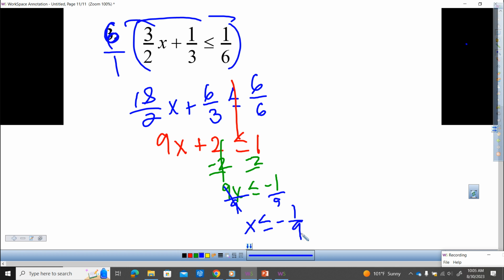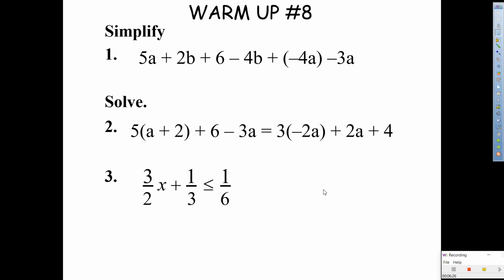Hands if you got that. Tell your neighbor why we didn't flip the inequality symbol. Because we didn't multiply or divide by a negative. All right, I didn't ask you to graph it, so if you did up to right there, that's good.